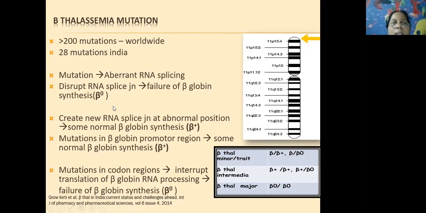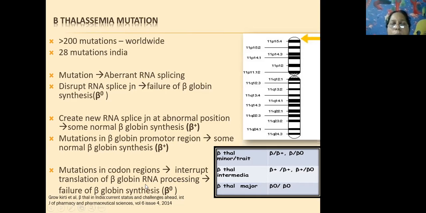So what is that due to? Beta naught is due to failure of beta globin synthesis. There is a disruption in the RNA splice junction. From the DNA, the RNA is being formed. When there is splicing, there is disruption, aberrant RNA splicing. Also, beta naught is caused by interruption in the translation of beta globin RNA processing.